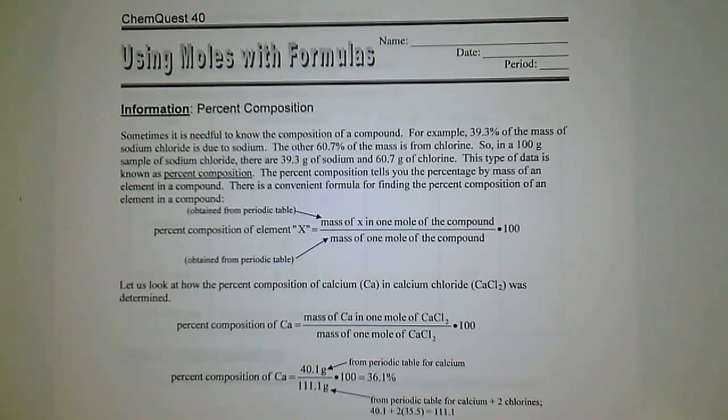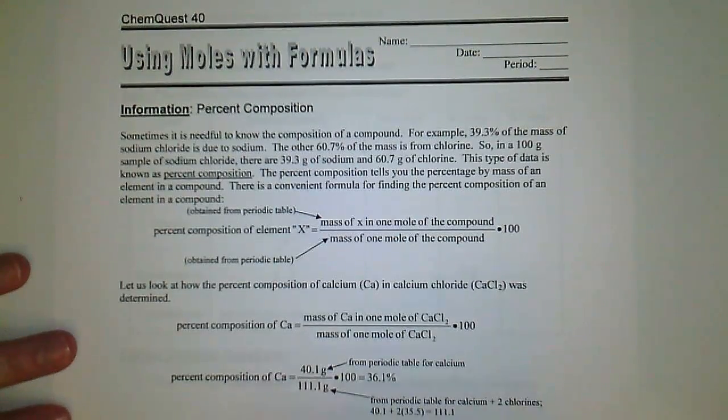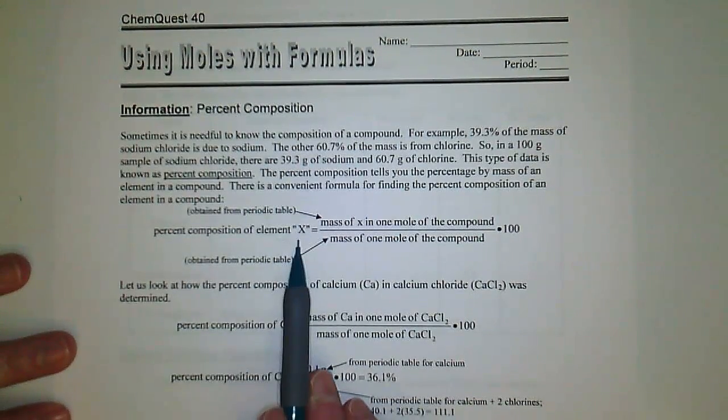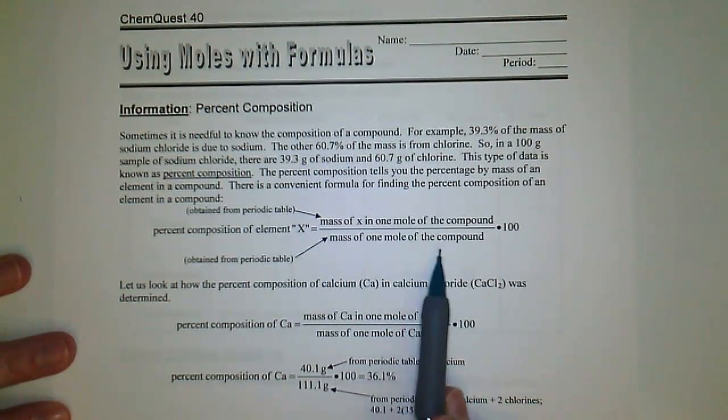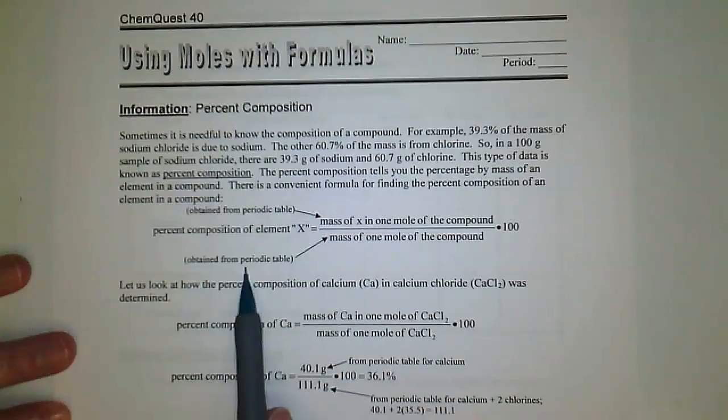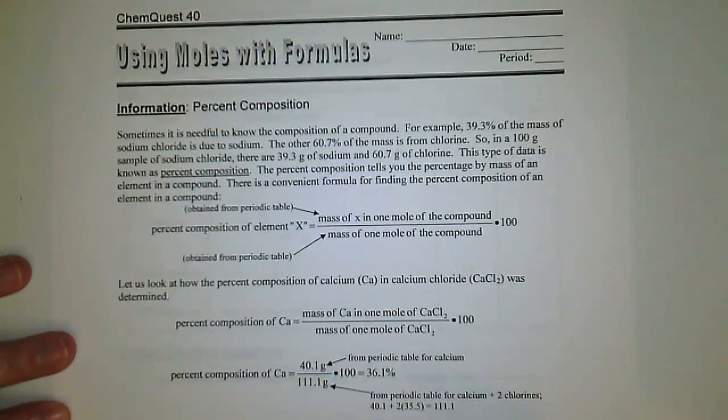There is a convenient formula for finding percent composition of an element in a compound. The percent composition of element X is the mass of X in 1 mole of a compound divided by the mass of 1 mole of the compound times 100. And these numbers both come from a periodic table.